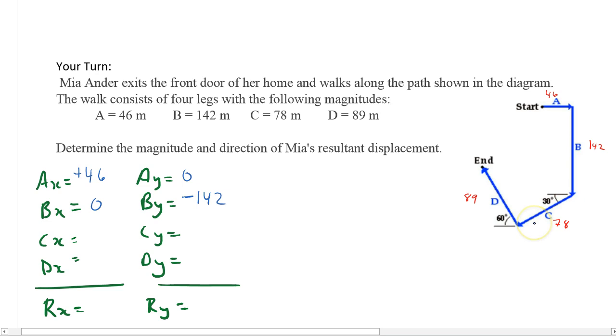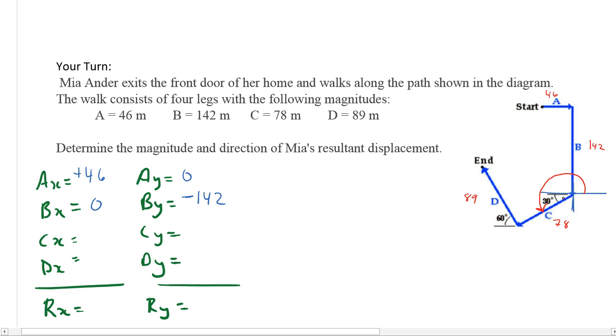C and D is where I'm actually going to have to get my directions and my cos and my sine out again. So thinking about this, this is vector C. I'll draw an xy grid right here. What would the angle be? Well, the counterclockwise angle from east would be like this.